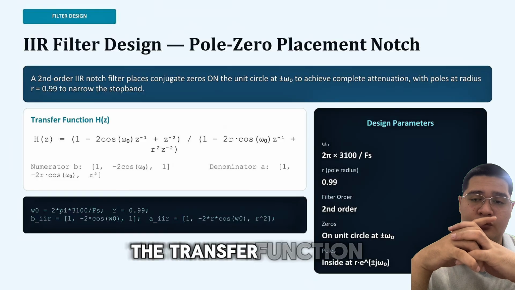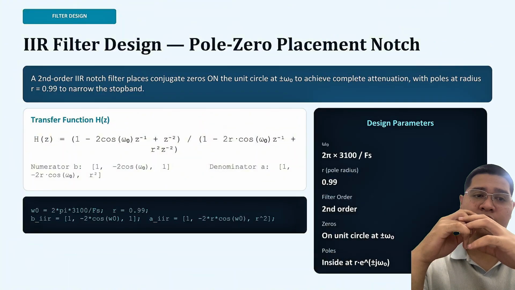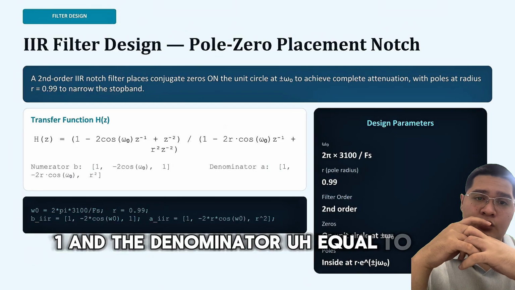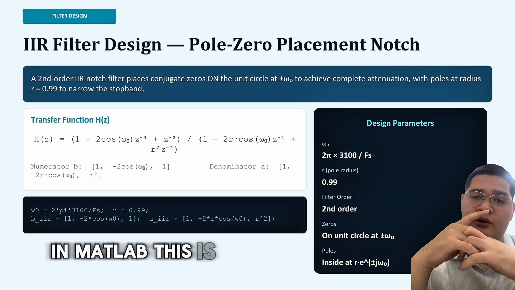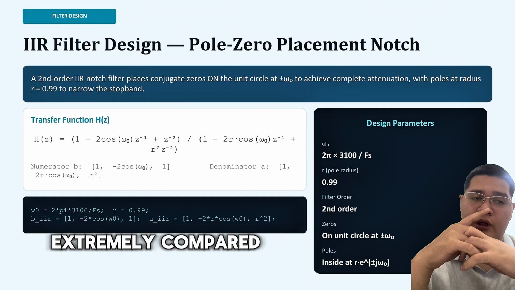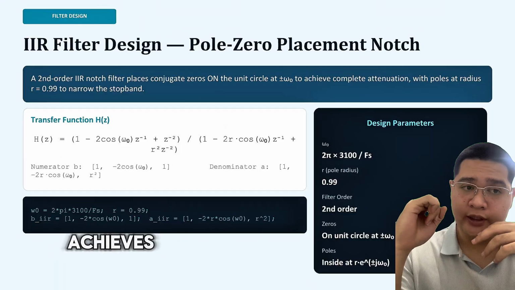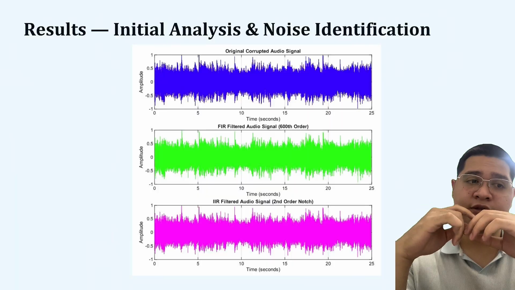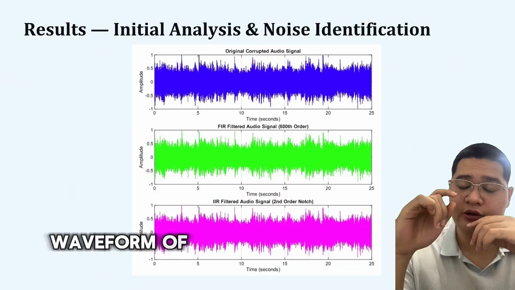The closer r is to 1, the narrower the notch. The transfer function has the numerator b equal to 1, negative 2 cos omega 0, 1, and the denominator a equal to 1, negative 2r cos omega 0, r squared. In MATLAB, this is just 2 lines of code, extremely simple compared to the 600 order FIR, yet it achieves a theoretically infinite null at 3100 Hz.